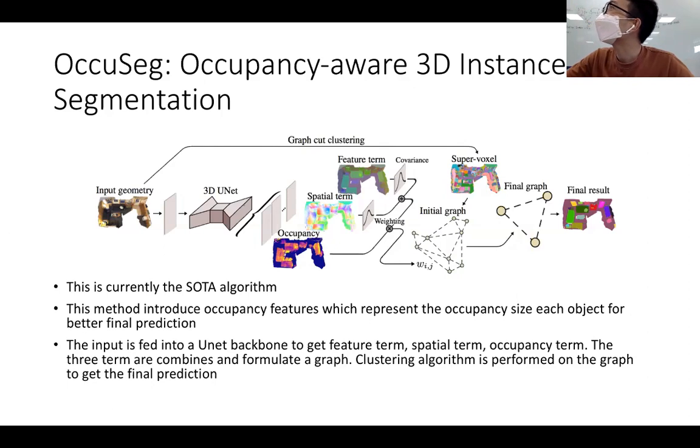And then you do some node merging. For example, you have a graph like this, three nodes here close, you merge to 1, 3 nodes here close, merge to 1. And then you have the final graph. In the final graph, each node represents one object. And here is a visualization of the final result.